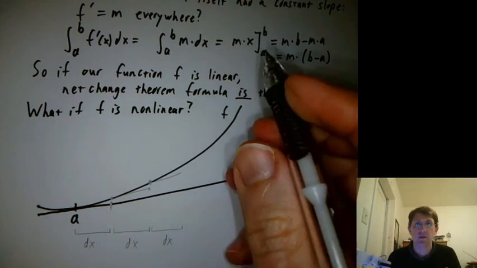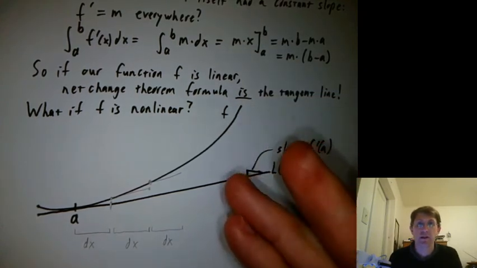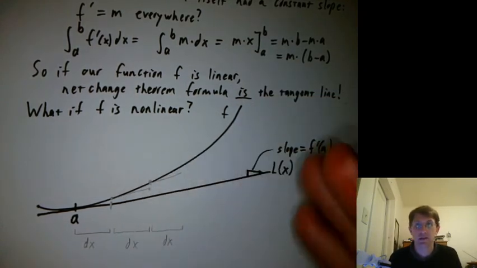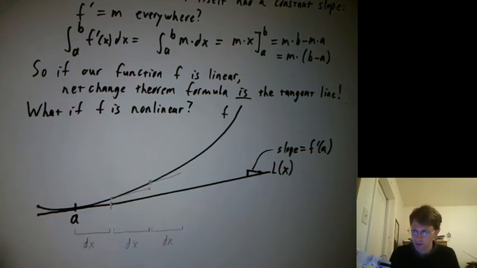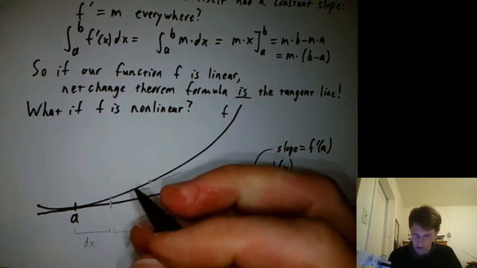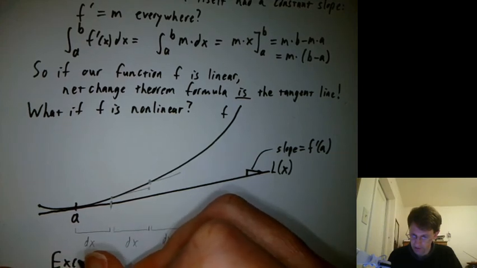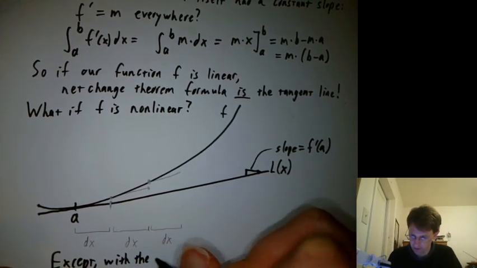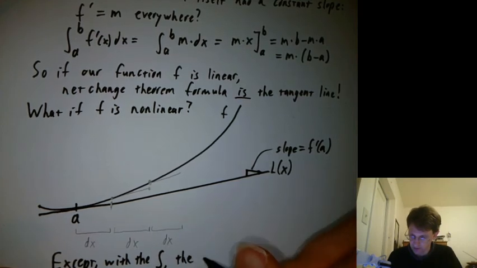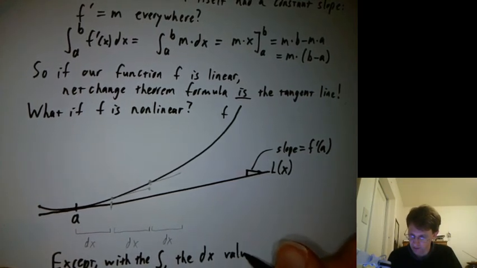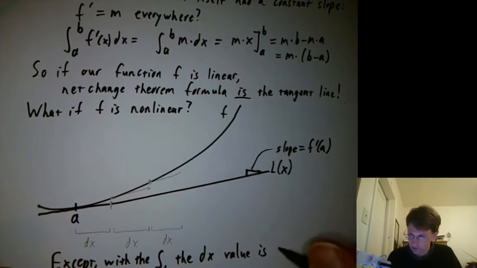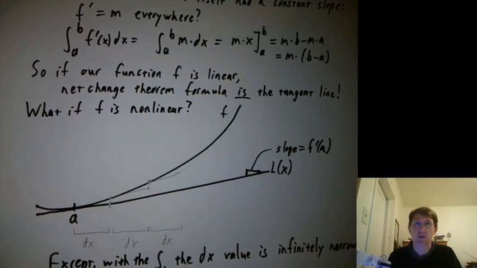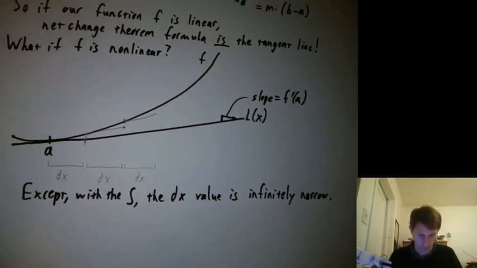So the net change formula is basically a continuously updating tangent line. It's using tangent line approximations over and over. Except with the integral, the dx value is infinitely narrow, or you could say it's infinitesimal.